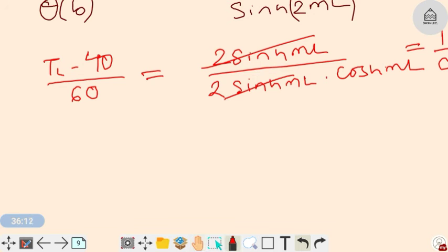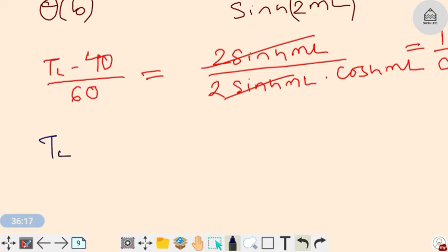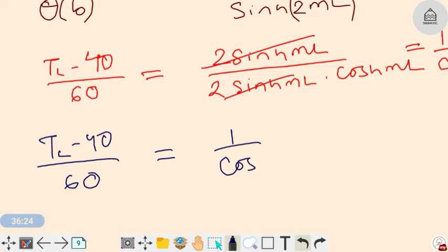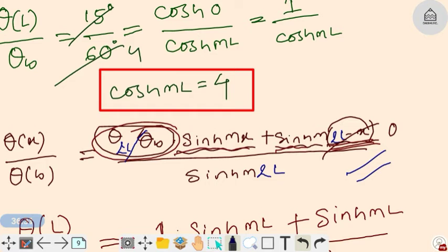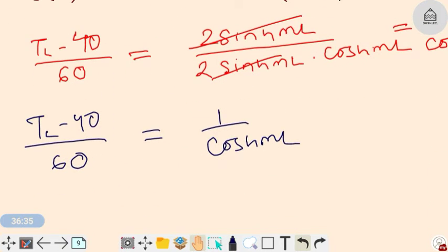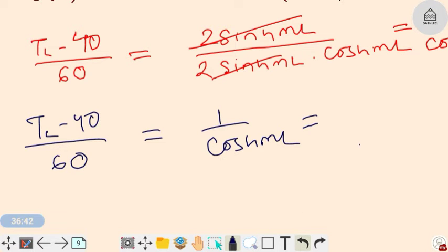So my TL minus 40 divided by 60 is equal to 1 divided by cos hyperbolic ml, and I have found out cos hyperbolic ml as 4. So I will use cos hyperbolic ml as 4, and it is 1 by 4.